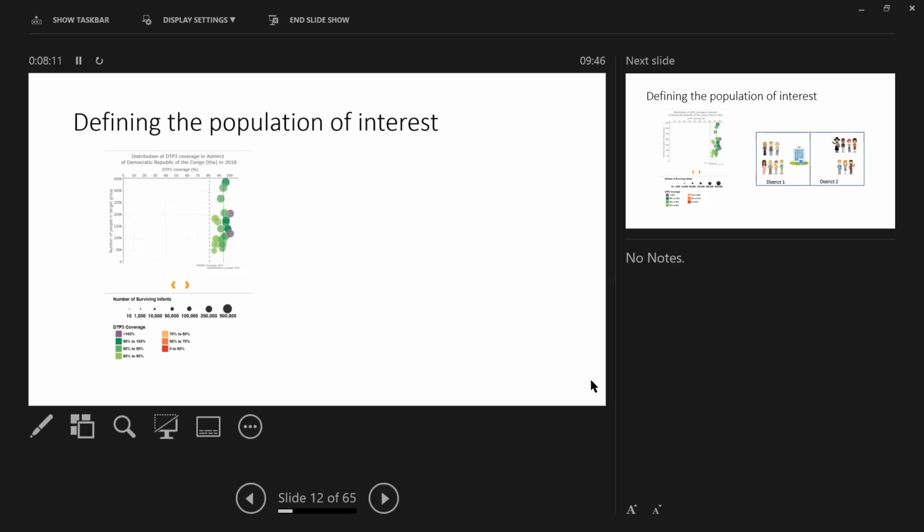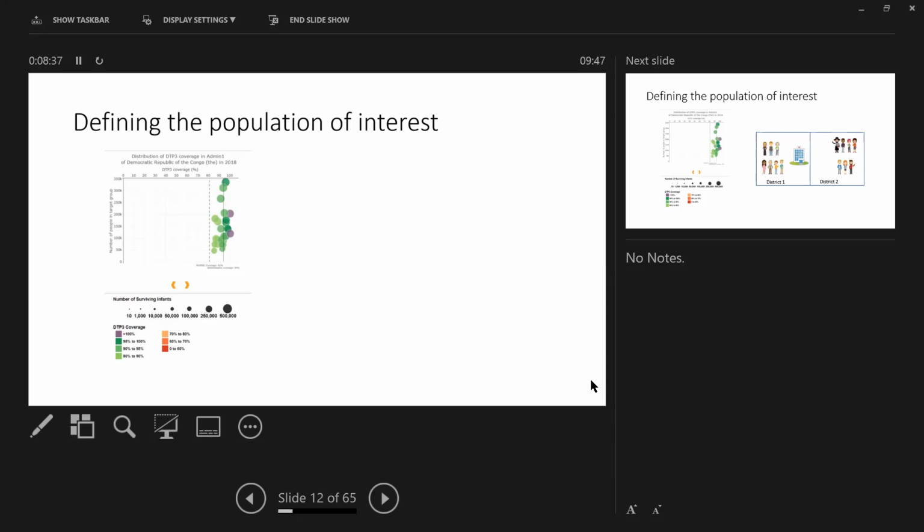This is immunization data from the World Health Organization, looking at vaccine coverage for diphtheria containing vaccine in the Democratic Republic of the Congo in 2018. And you will see, first of all, that each circle is a district.